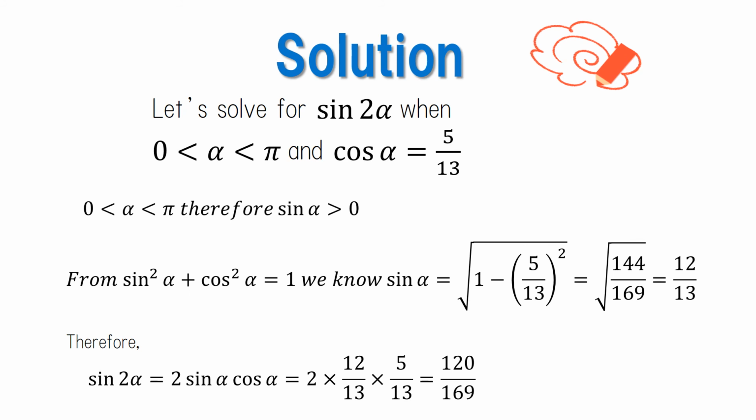Therefore, sin 2 alpha equals 2 sin alpha cosine alpha, which equals 2 times 12 over 13 times 5 over 13, which equals 120 over 169.